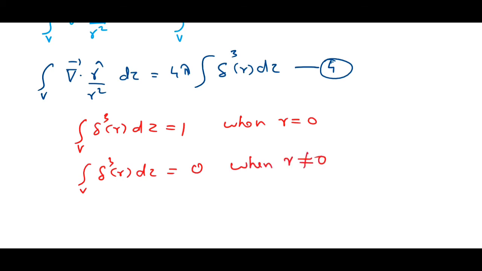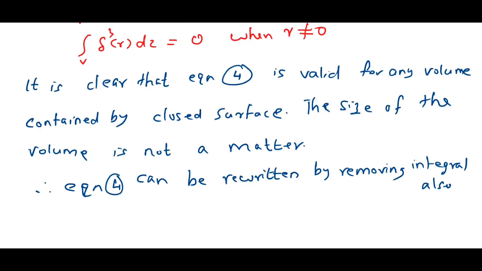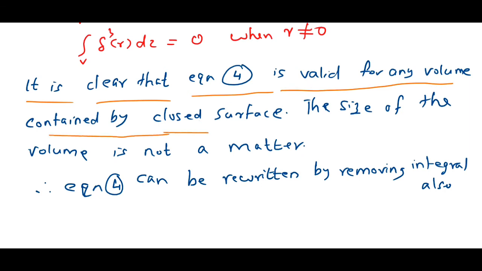It is clear that equation 4 is valid only for any volume. Oh, sorry, here this should be v. It is clear that equation 4 is valid only for any volume contained by a closed surface. The size of the volume is not a matter. The volume should be a closed one.